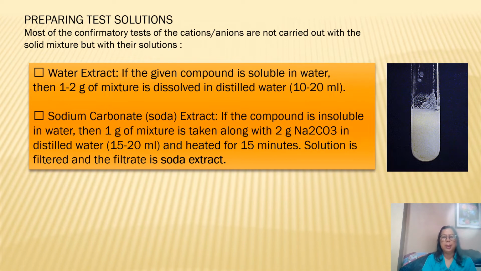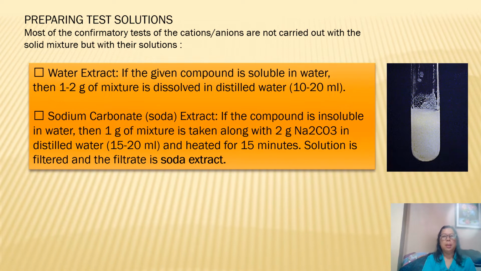For sodium carbonate extract, make use of 1 gram or 1 ml, depending upon the nature of the unknown. This is mixed with 15 to 20 ml of distilled water.